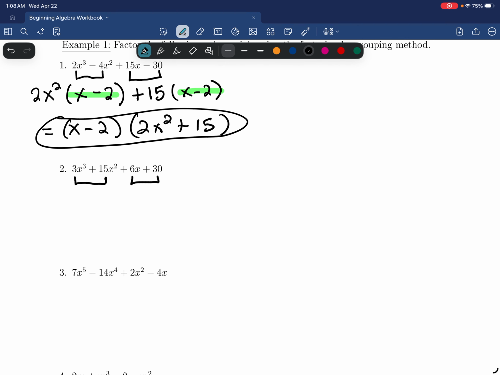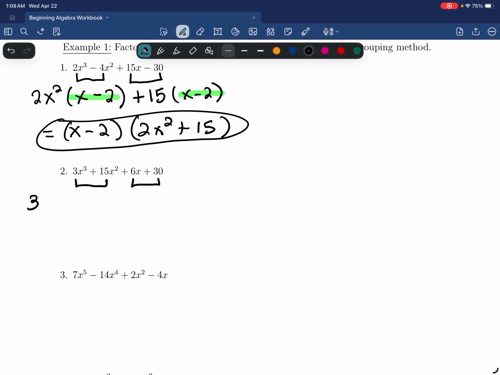And here we can factor out a 3 and an x squared. And when we do that, the inner part is going to be just x, because 3x cubed divided by 3x squared is just x. And then we're going to add 15 divided by 3 is 5, and x squared divided by x squared is just 1. So we're going to have x plus 5 here.